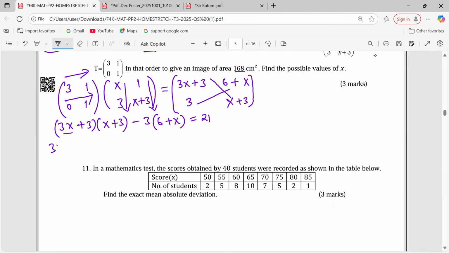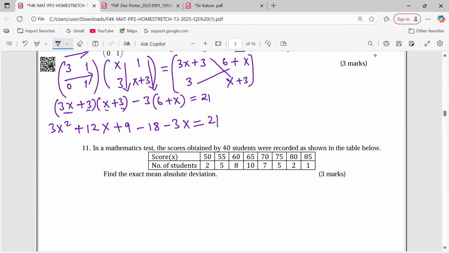So 3x squared, then 3 multiplied by 3 gives 9x. Then 3 by x gives 3x, so 9x and 3x make 12x. Then 3 by 3 gives us 9, minus 18 minus 3x equals 21.